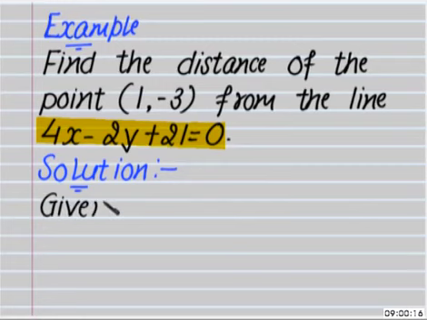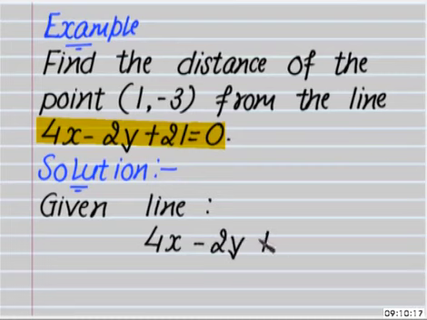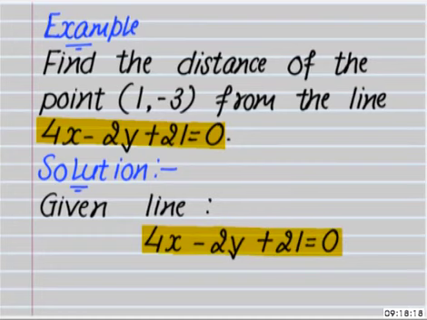The given line 4x minus 2y plus 21 is equal to 0. Let it be equation number 1.